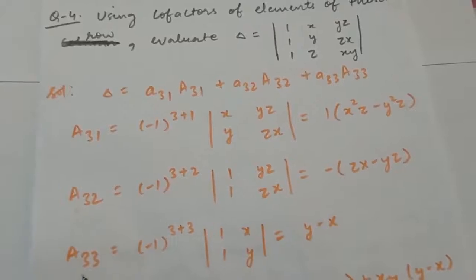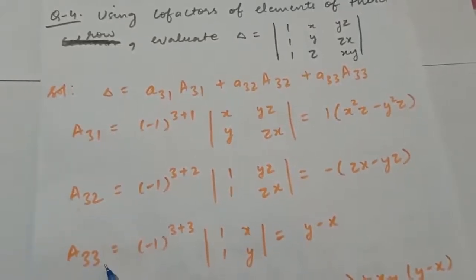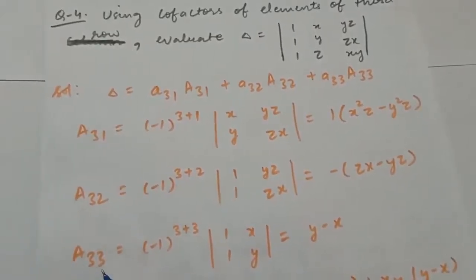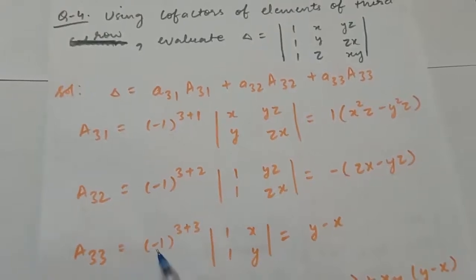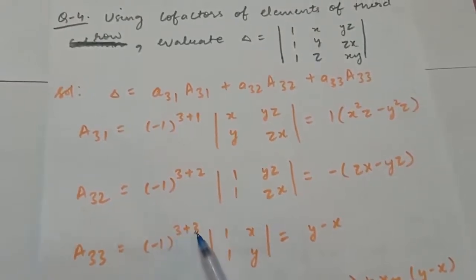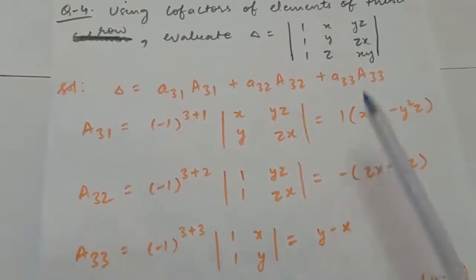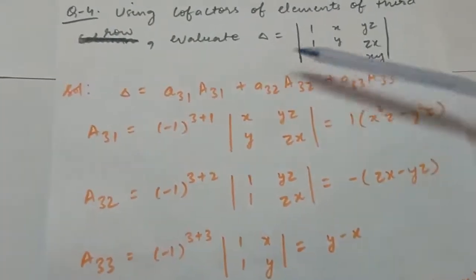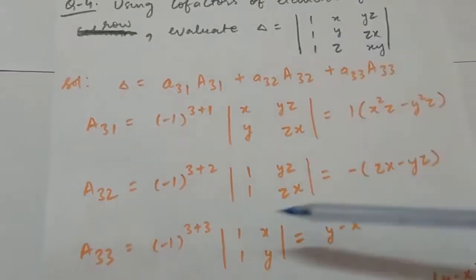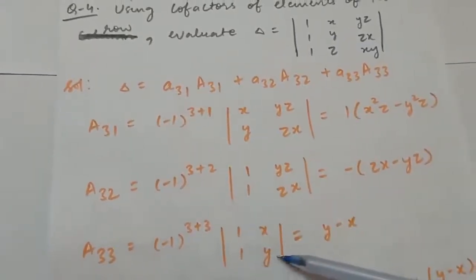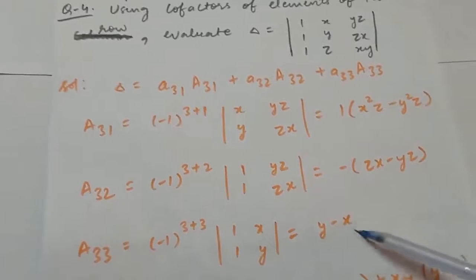Then the cofactor of the element A33, which is minus 1 raised to the power 3 plus 3 into the determinant after deleting the third column and third row. So it will be 1x 1y. The determinant of this will be y minus x.